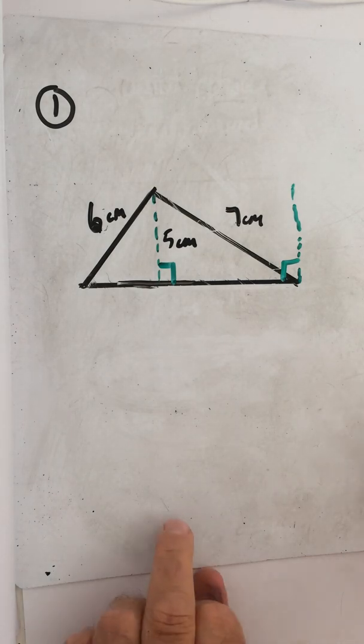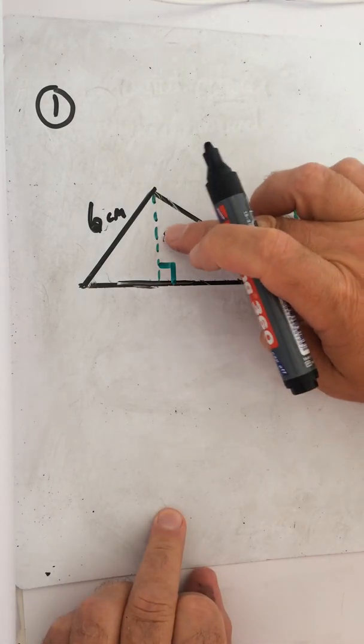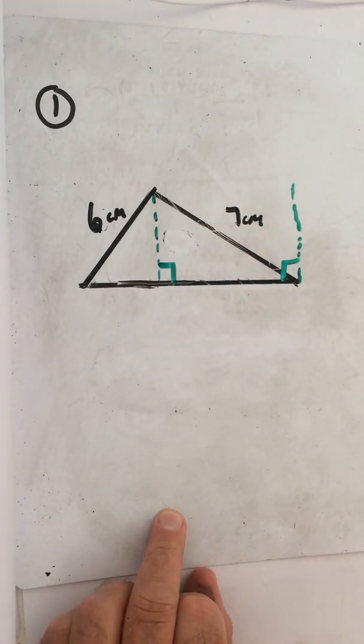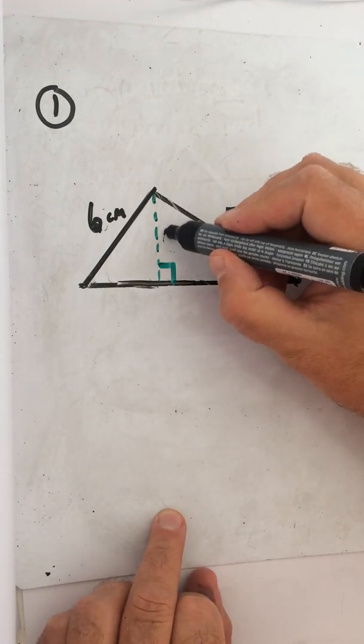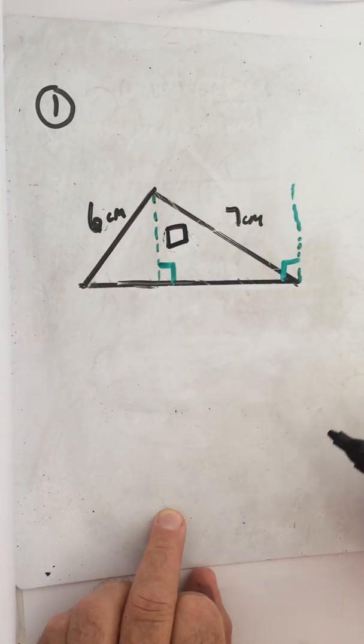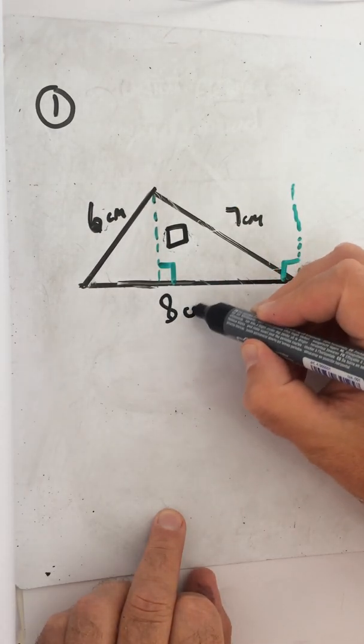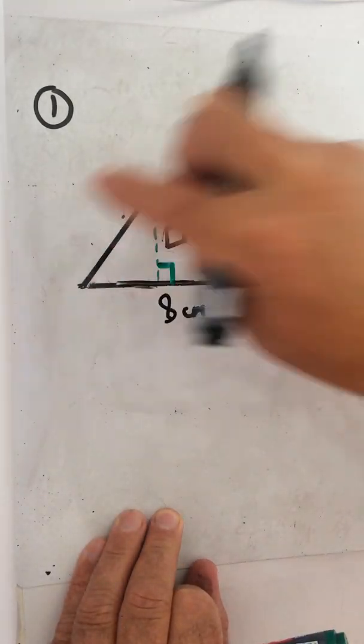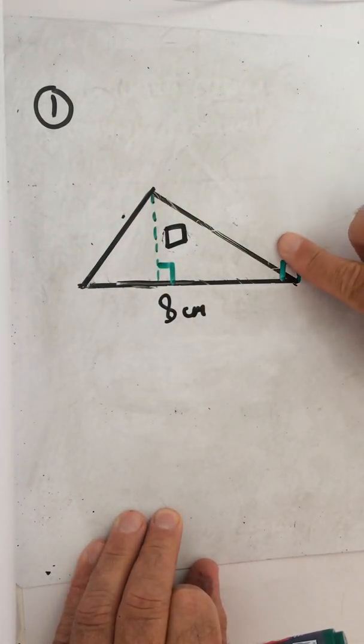Hopefully you will get to some of the questions whereby you have to find the missing amount, okay? So say, for example, you need to find the height of it, and this is 8 centimeters, okay? And these side bits, remember, are totally irrelevant when it comes to area, okay?